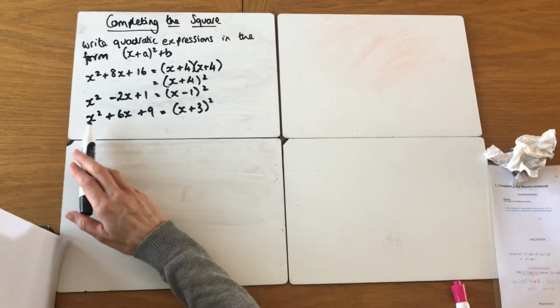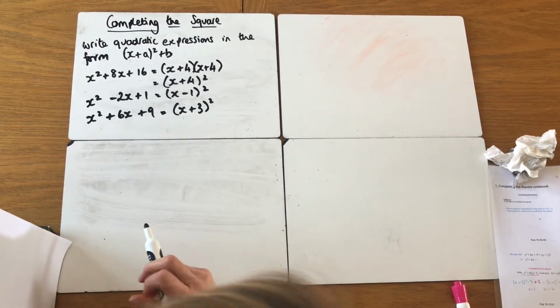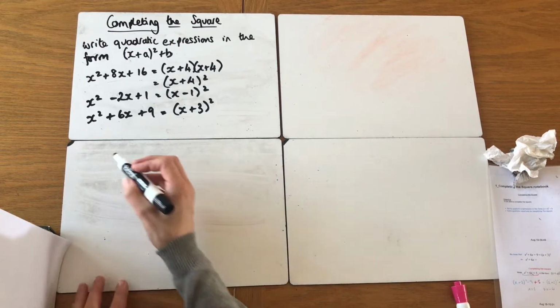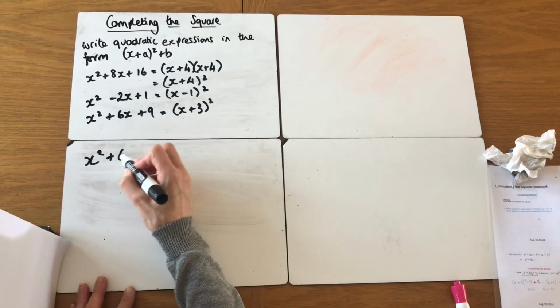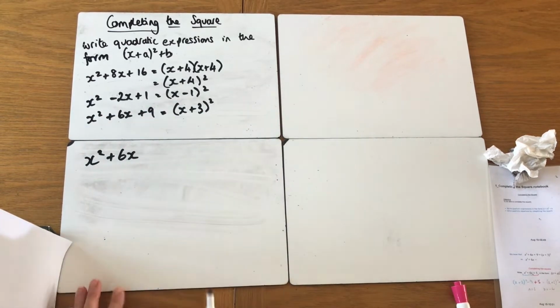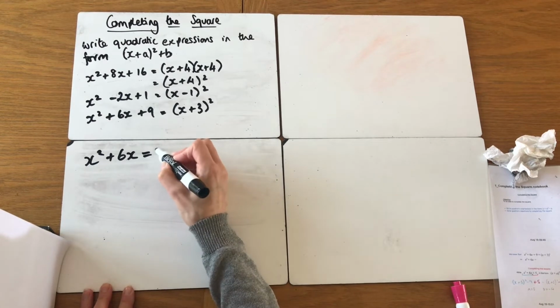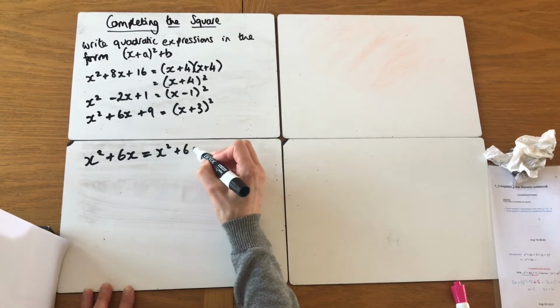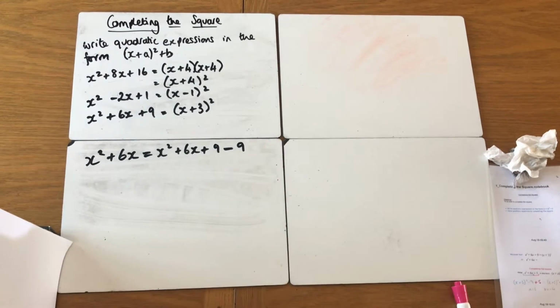So if we know that x squared plus 6x plus 9 factorises to x plus 3 all squared, let's say we had the quadratic expression x squared plus 6x without the plus 9 on the end. Well, this is equivalent to x squared plus 6x plus 9 take away 9, because the plus 9 and the minus 9 cancel out.